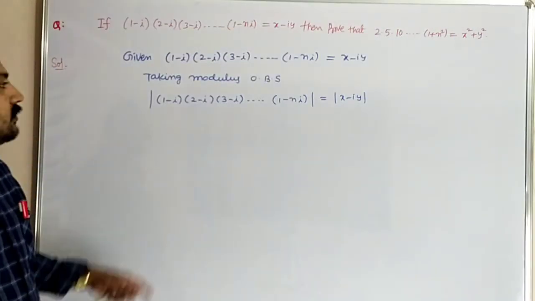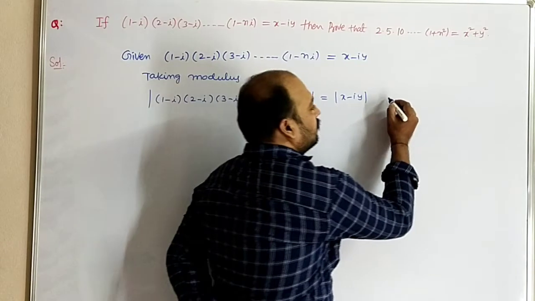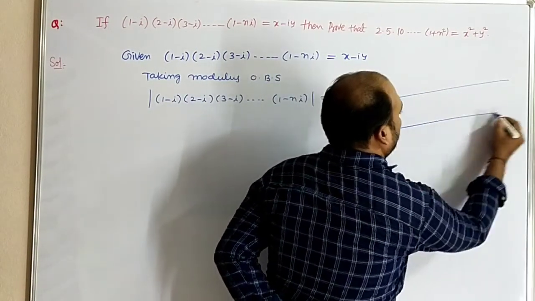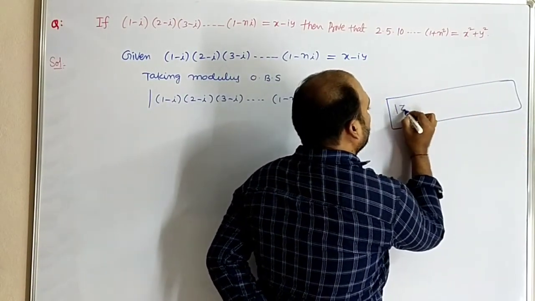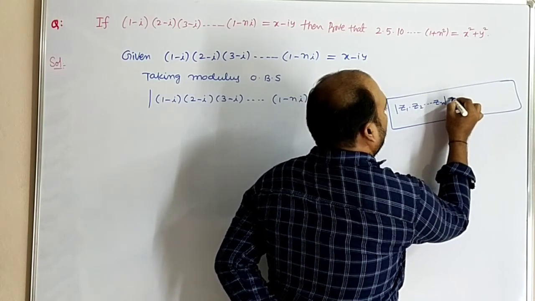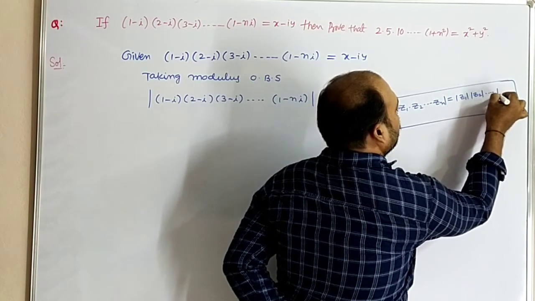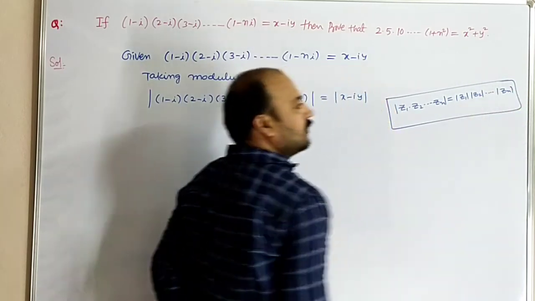We know that modulus of z1 into z2 into and so on, zn is equal to modulus of z1 into modulus of z2 into and so on, modulus of zn.